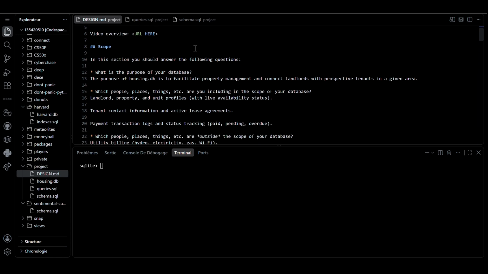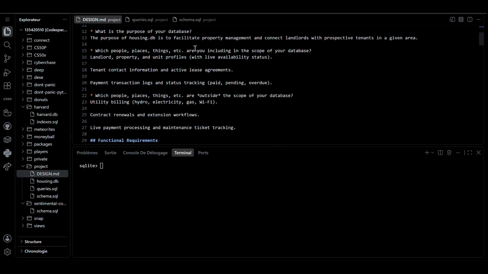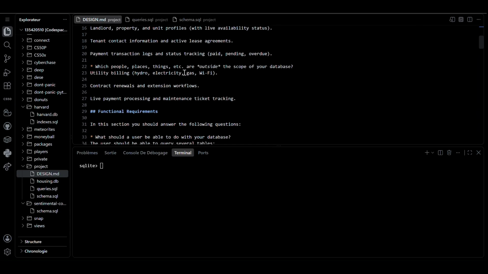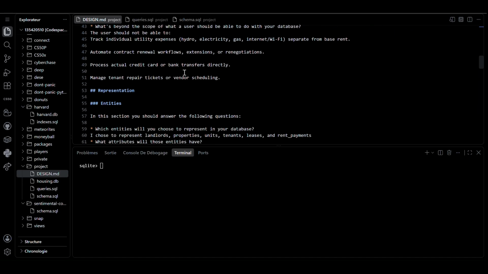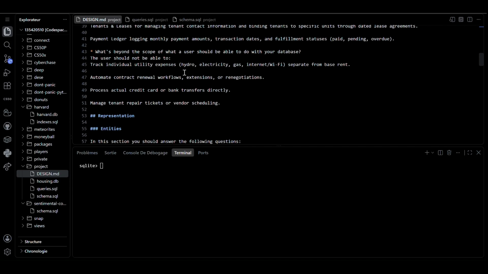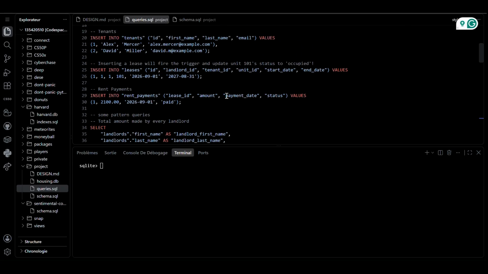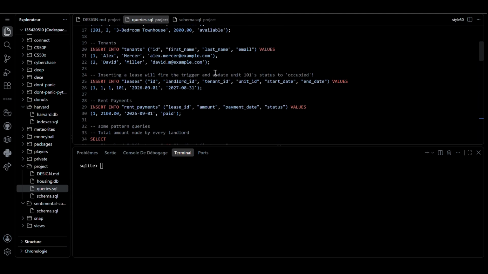In the design, I tried to answer all the questions, ranging from the goals behind implementing this project, the functional requirements, the representation and entities, and also the limitations, which is a very important point. In the second file, called queries, I added some rows into the tables in order to make them usable in some sense.